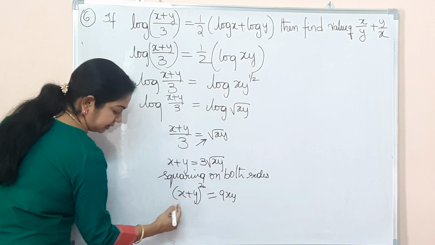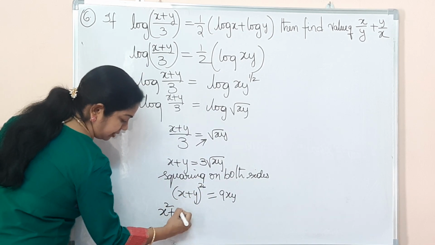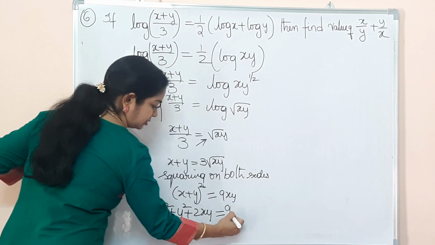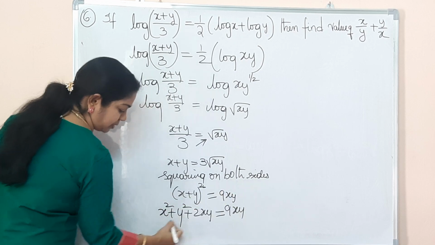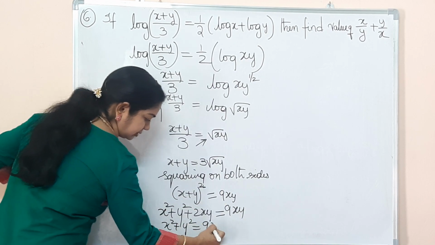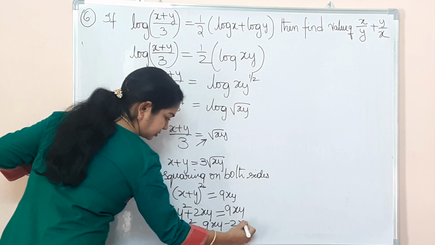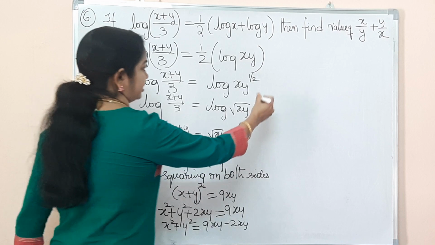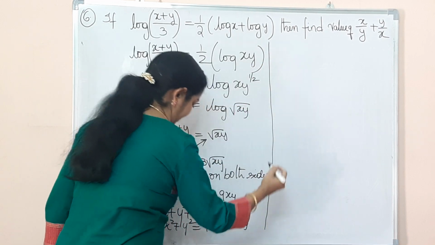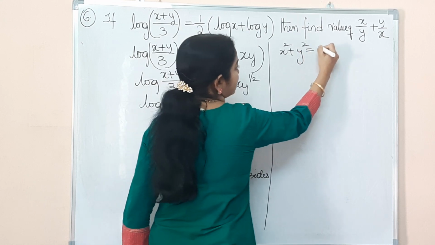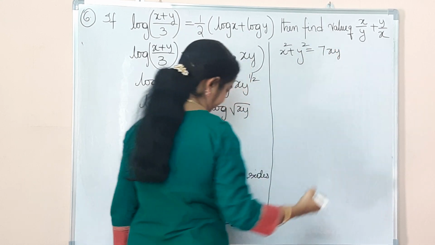Here we'll expand this identity: x square plus y square plus 2xy equals 9xy. Let's bring 2xy to the other side, minus 2xy. So this comes 9xy minus 2xy, 7xy. Okay, x square plus y square is equal to 7xy.